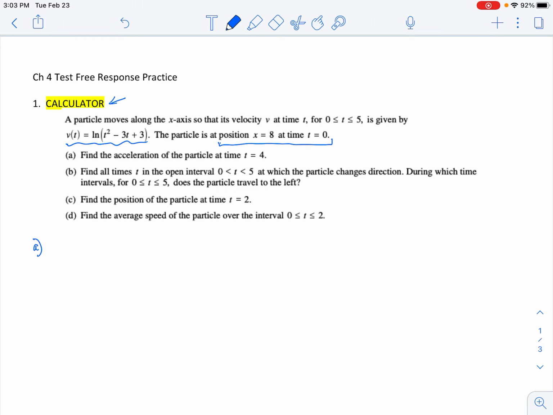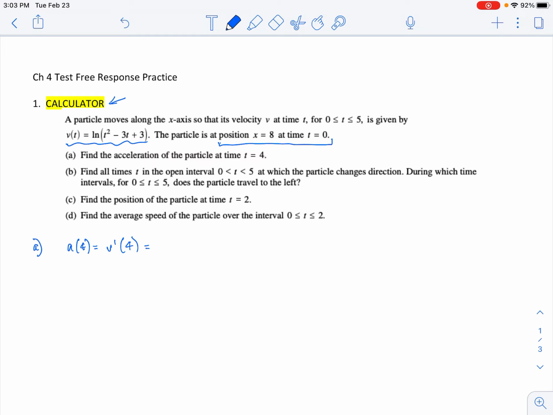So my work for part A, if I'm going to find acceleration at time 4, that's going to be equal to the derivative of velocity at time 4. I'm going to write that down, but I don't actually have to calculate that by hand.